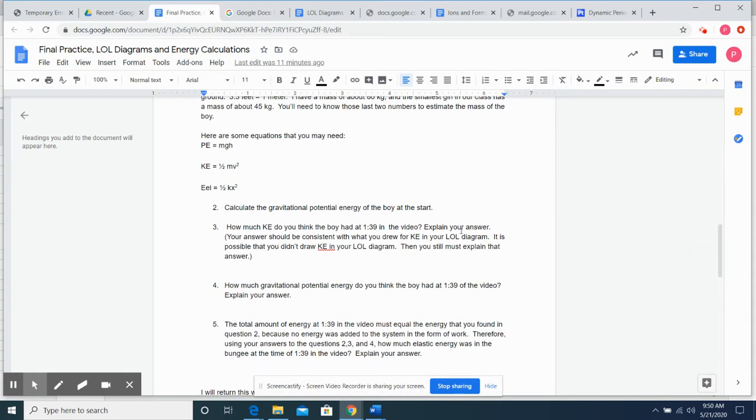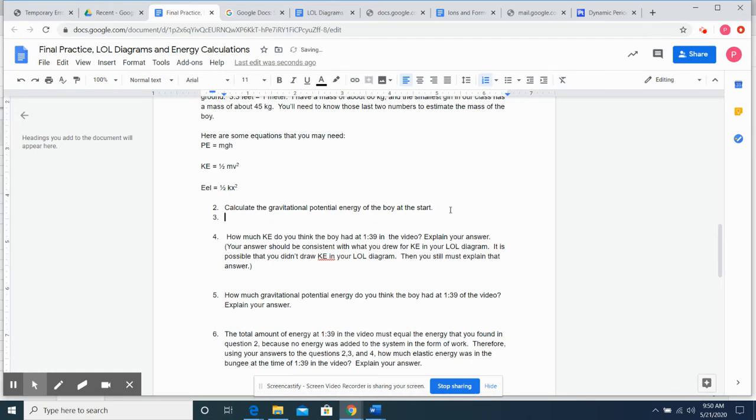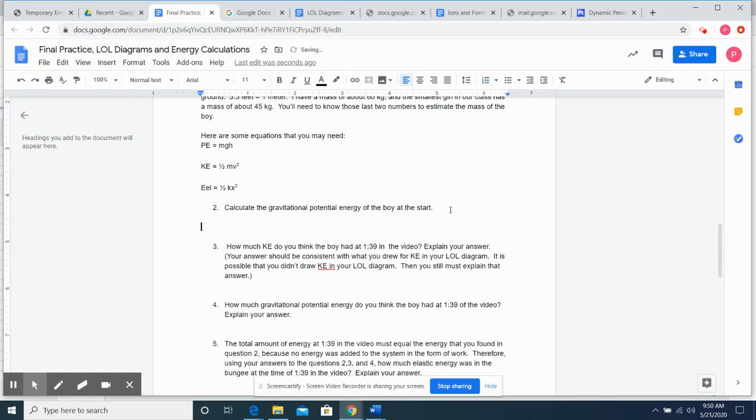It says calculate the gravitational potential energy of the boy at the start. Well, to do that, you know that gravitational potential energy, PEG, equals mass times the acceleration due to gravity times the height. Those are the variables that tell you how much gravitational potential energy you have.